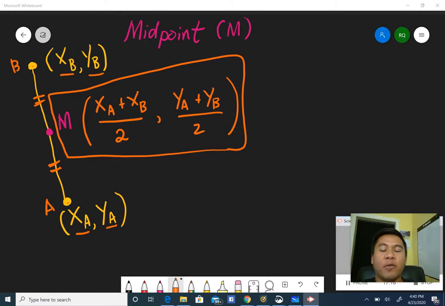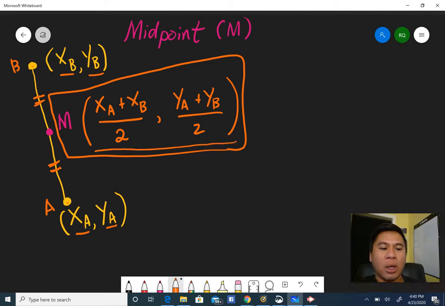Again, let us review our formula for the midpoint. If you are given point A with xA, yA and point B with xB, yB, then the midpoint will be the average between xA and xB, and the average between yA and yB.